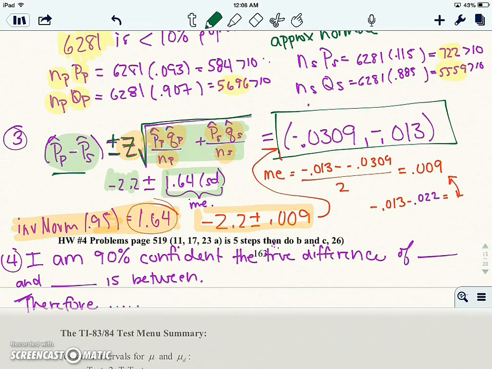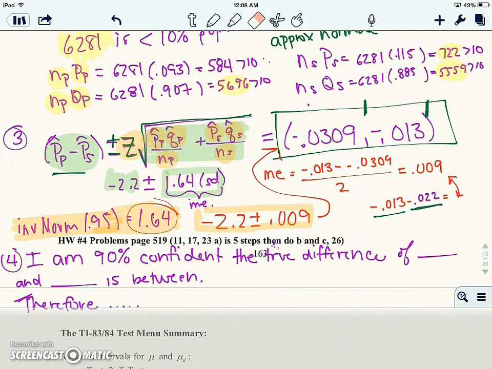Now, the margin of error is just the difference between the top value or the bottom value of the confidence interval and the point estimate, or negative 2.2. So you could do that by saying negative 0.013 minus negative 0.022, and converting that, which would give you a margin of error of 0.09.